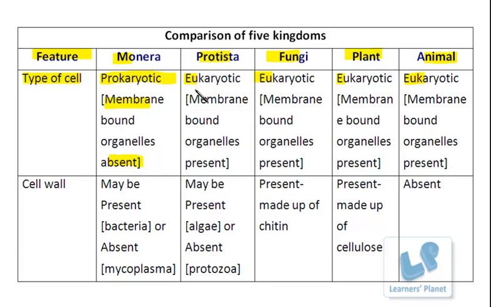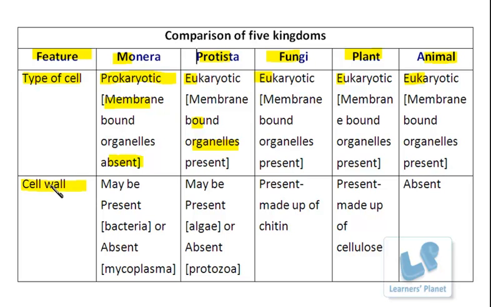Eukaryotic cell, in which a true nucleus is present and membrane-bound organelles are also present. So this is the basic difference. Now here you can understand very well, the simplest organism on earth is the one which belongs to the group Monera, right?